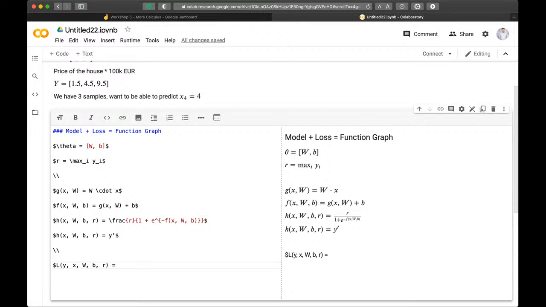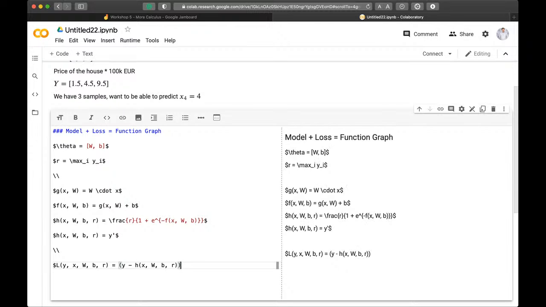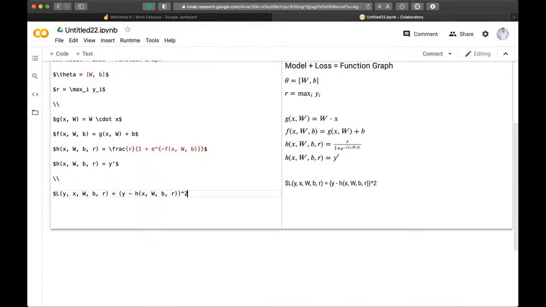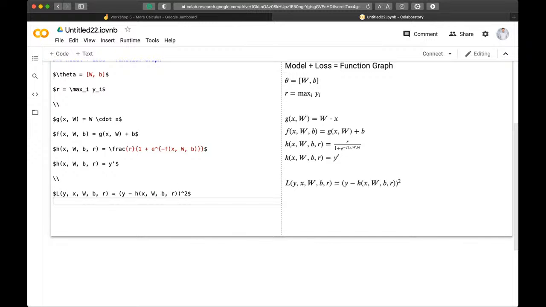So y minus h, which is y prime as you see, h squared, like that. So cool. Basically, the main task now is to find the weight and bias values so that it works.